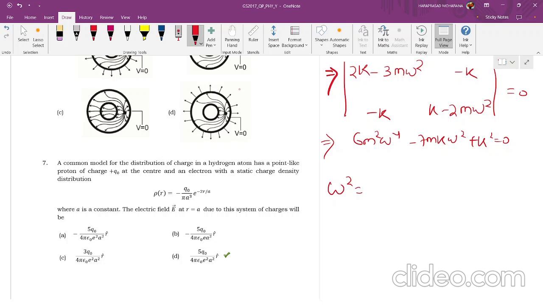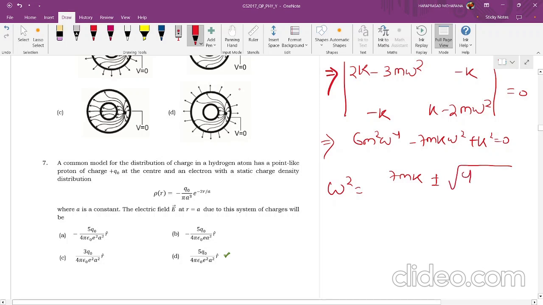So here minus b is 7mk, plus or minus the root of b square, which is 49 m square k square, minus 4ac, which is 24 m square k square. Okay, all things are good. And 2a is 12 m square. So 7mk plus or minus the root of 25 m square k square, that will be 5mk.